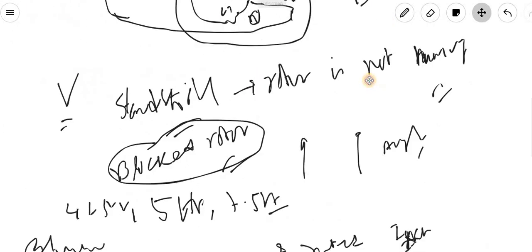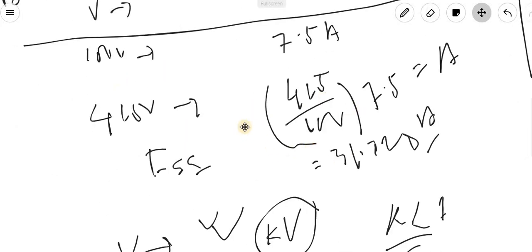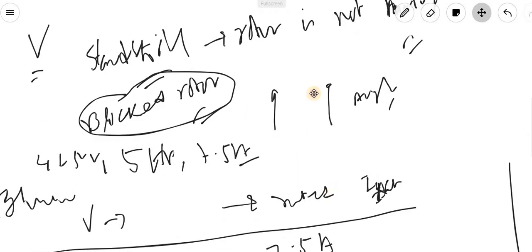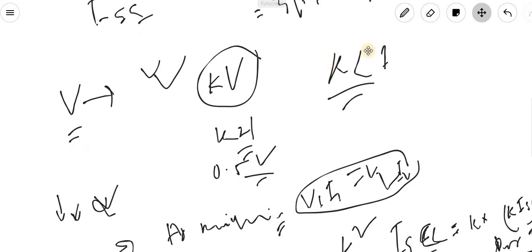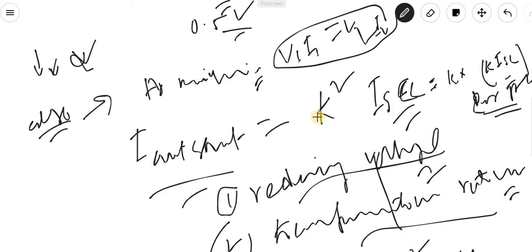One more thing here, you should remember the starting current and how it is made up: one K comes from the voltage, and one comes from the transformation ratio.